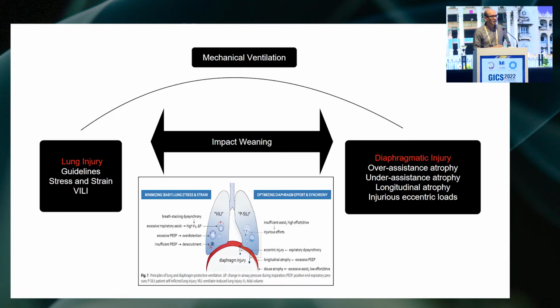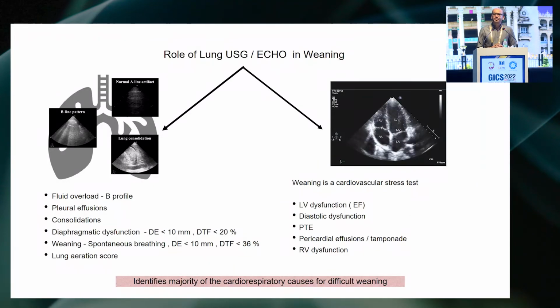Now again, the strategy which we need to look at is to identify the reasons why patients fail weaning. And if you look at data, cardiorespiratory reasons are one of the major causes for weaning failure, and that is where the role of ultrasound and echo in assessing weaning is coming up in a big way.